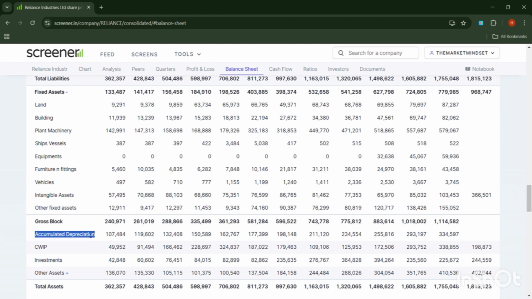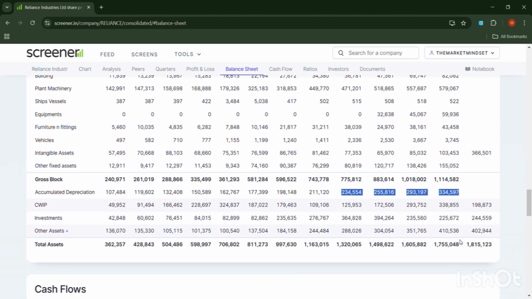It is important because it helps to show how much of the asset's original value has been used over time. So, for Reliance Industries, the accumulated depreciation has been increasing because the company has been purchasing more and more assets, so the value will be reducing over time.